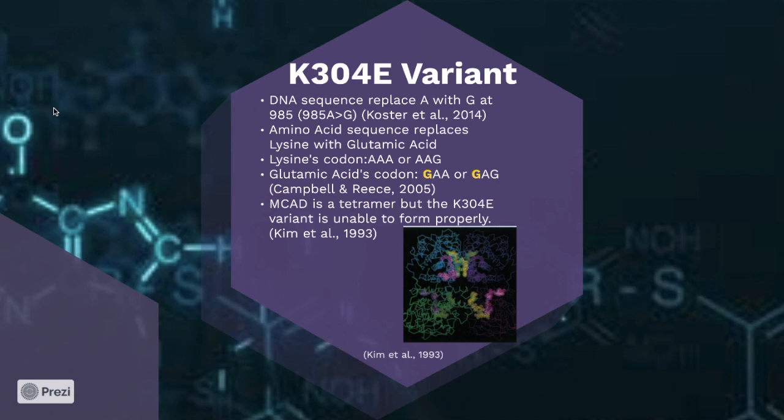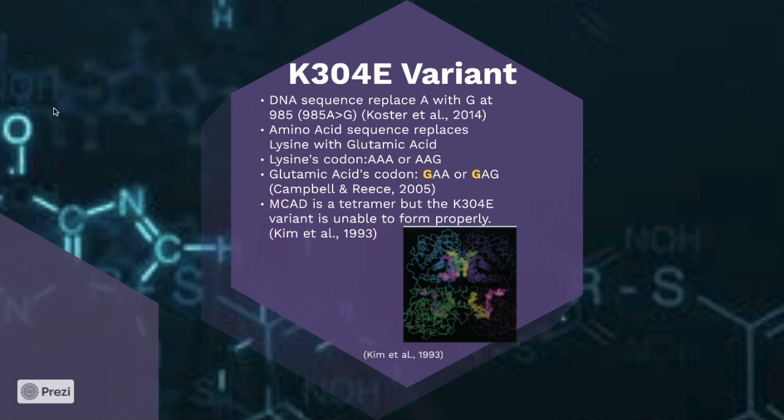The most prevalent mutation occurs during DNA replication when the 985th base, an adenine, is replaced by a guanine. The base change results in a change from lysine to glutamic acid at amino acid 304 during translation. Because of this change, this mutation is referred to as the K304E variant.